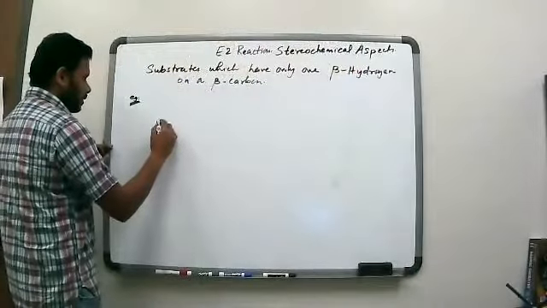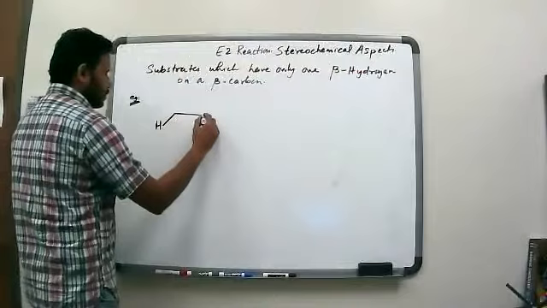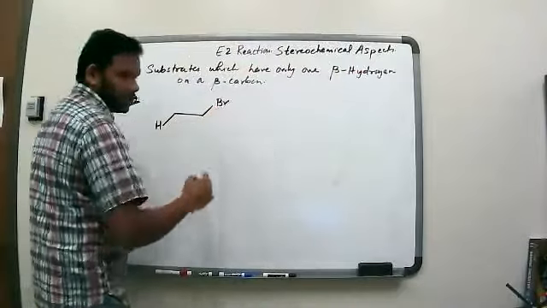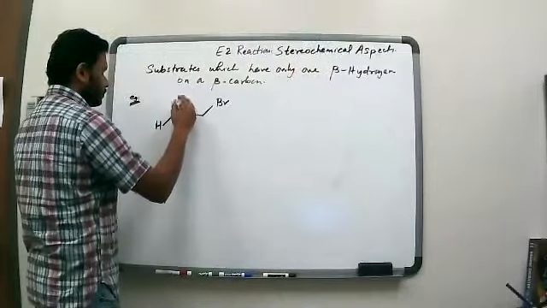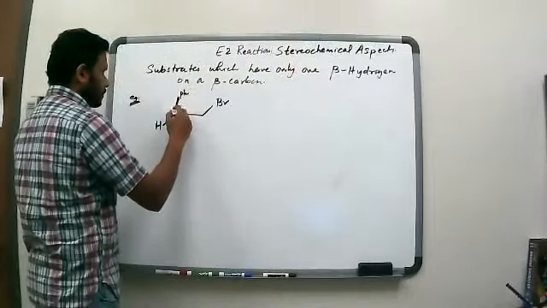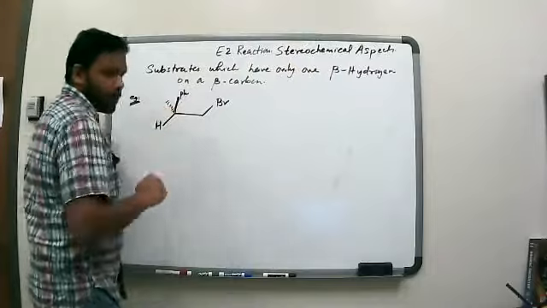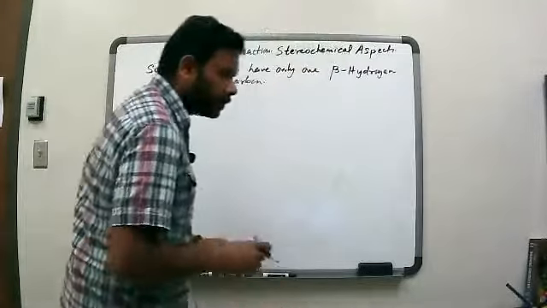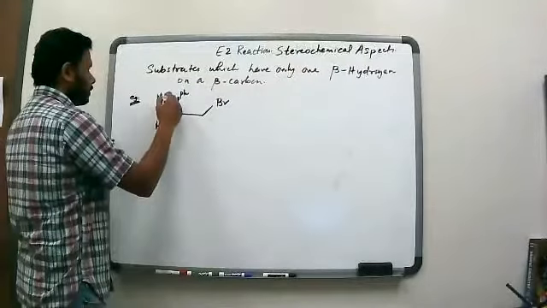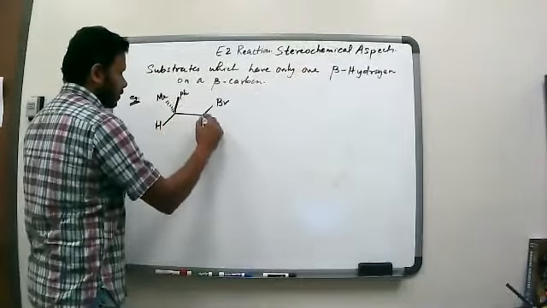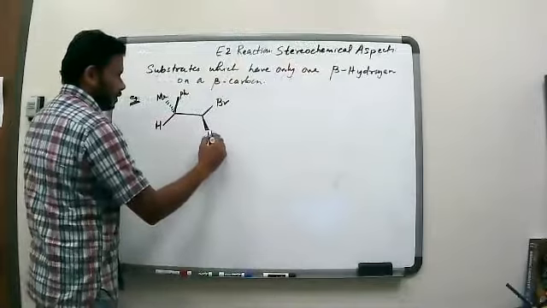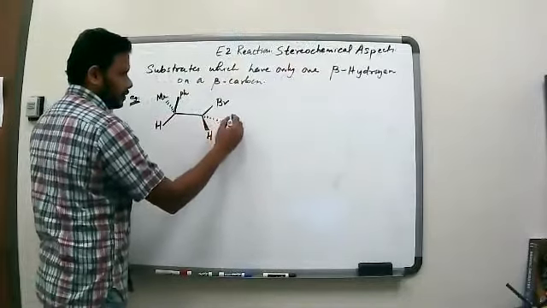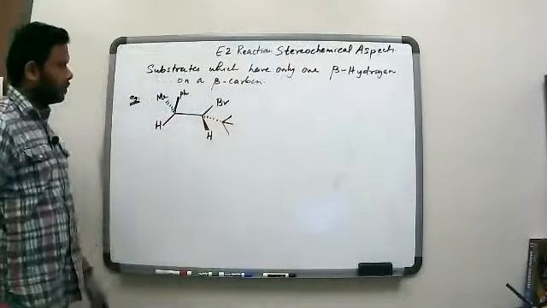So let's say we have a substrate, that's this molecule. There's some bromine over there. And then we have hydrogen, and there's tert-butyl.